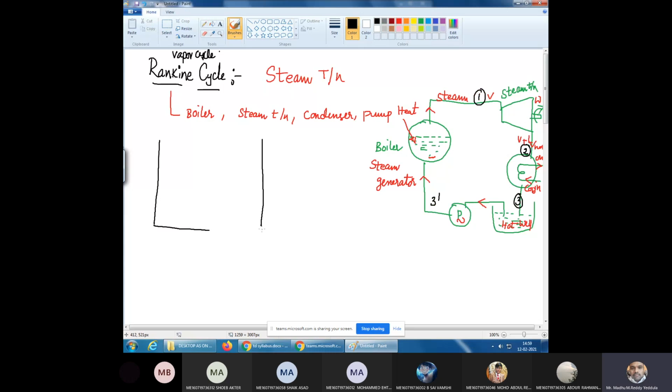In order to understand the PVTS diagram of this Rankine cycle, you should know some concept of PV and psychrometric charts.